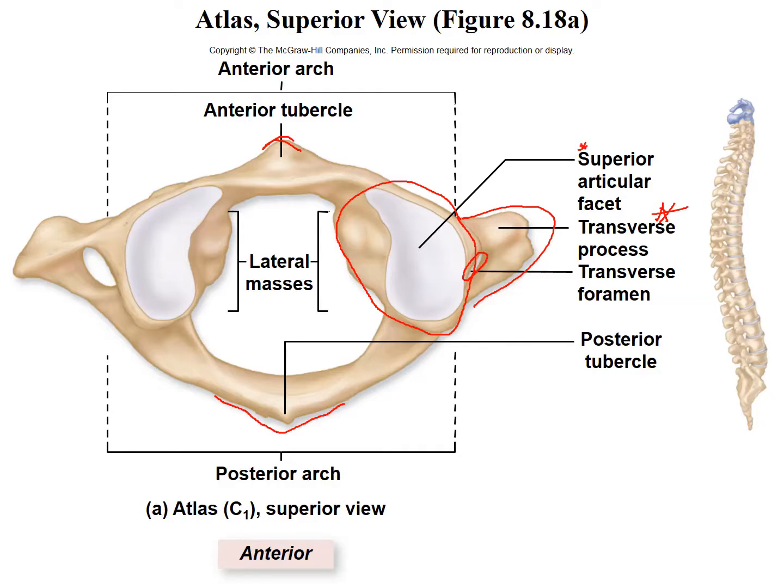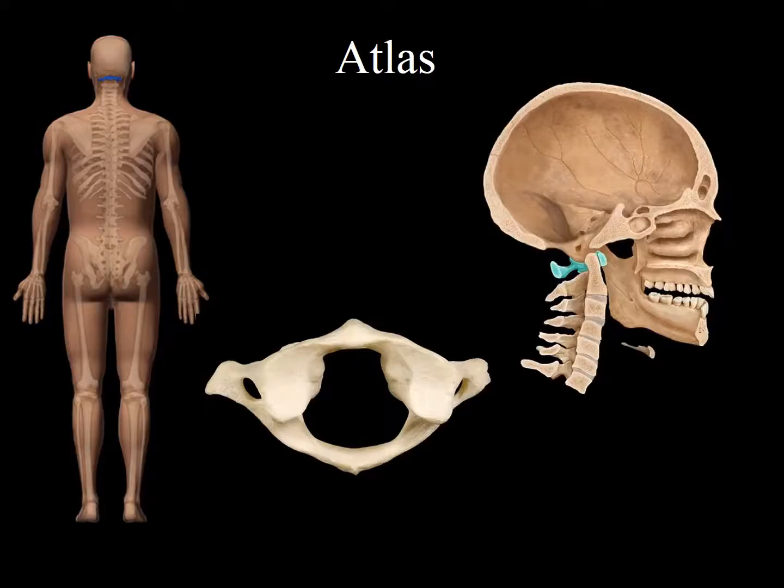I just want you to keep for your list the lateral masses. And again, on a real model of the C1 vertebra called atlas, we have our lateral mass on the left and the lateral mass on the right. We have a transverse process, yes, you need to identify that, as well as a transverse foramen on both sides.